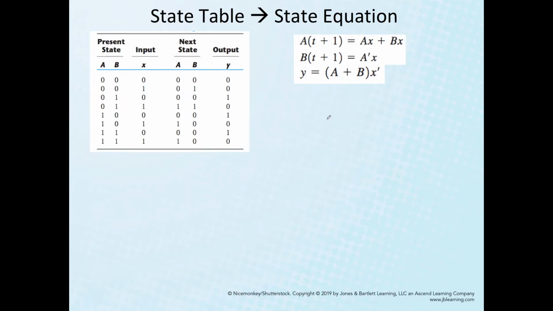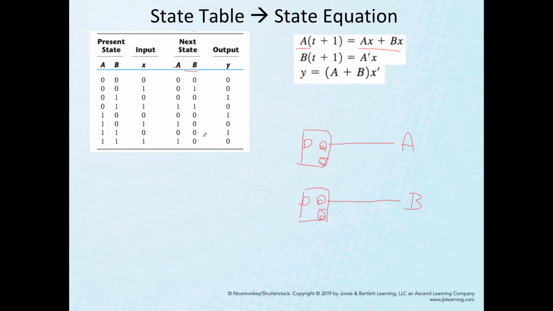So once we have the state equation, now we can draw the logic diagram. A and B, those are flip-flops. So we have two D flip-flops here, with D input, Q output, and a Q not output. Let's label this output as A, and this is the B flip-flop. Then the input to the A flip-flop is AX plus BX.